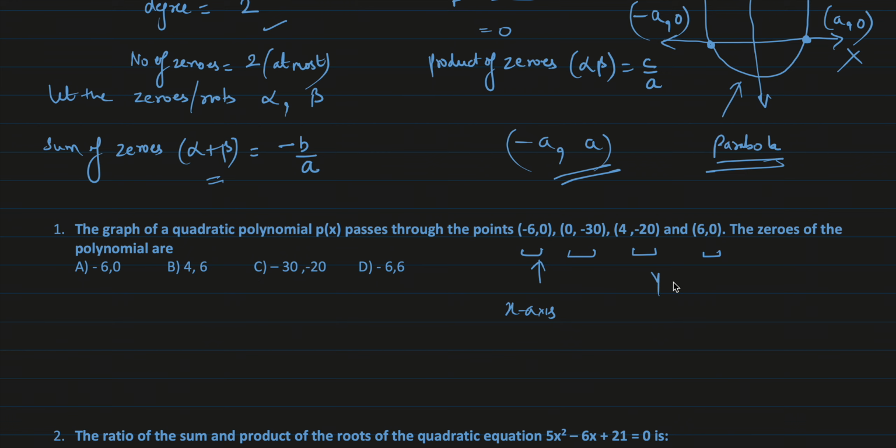Wherever the y coordinate is 0, meaning the point lies on the x-axis. And this other point is also lying on x-axis. So their x coordinates are minus 6 and 6, so these are the zeros. Zeros are only the x value because the polynomial is in terms of variable x. Okay students, that's the option over here.